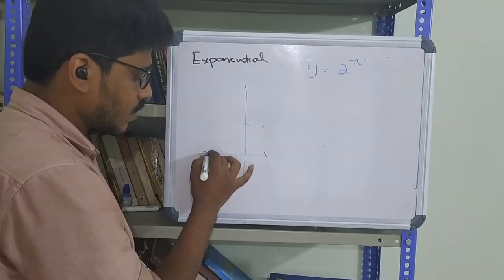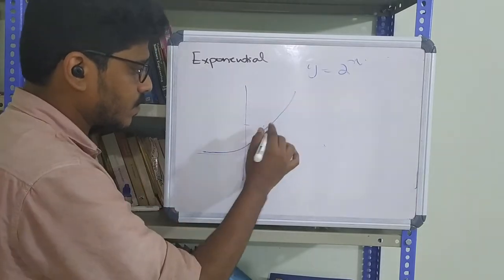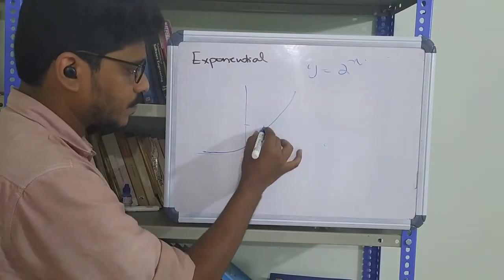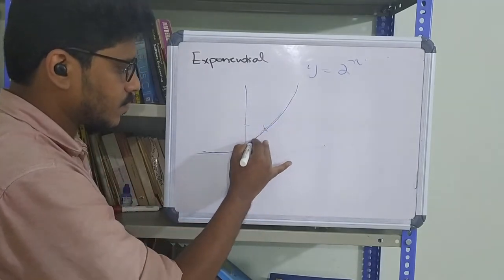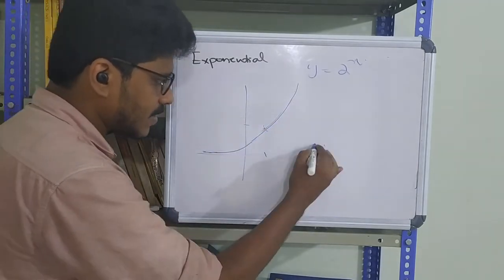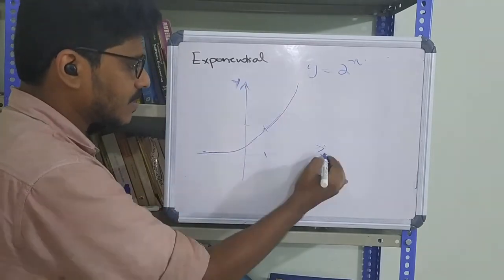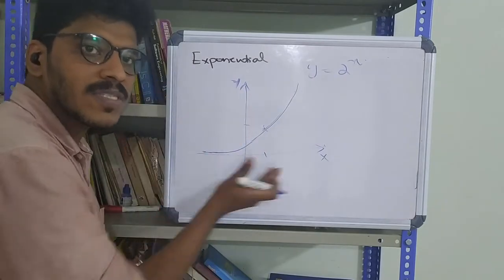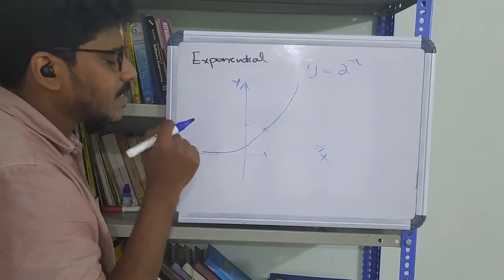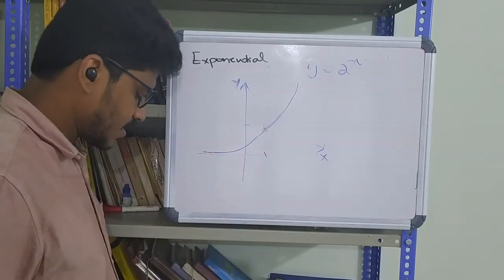So suppose this is 2. Okay, so this will grow like this. So as x increases, y grows rapidly, right? Y grows rapidly, and such rapid growths are always explained using these exponential functions.